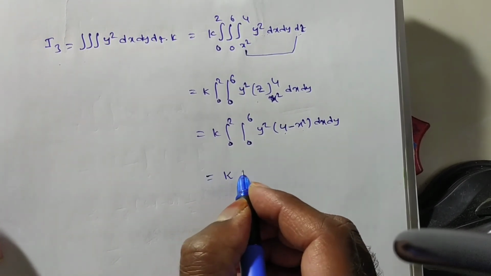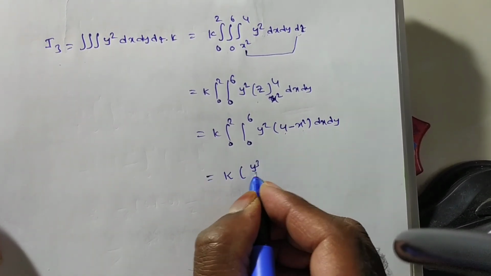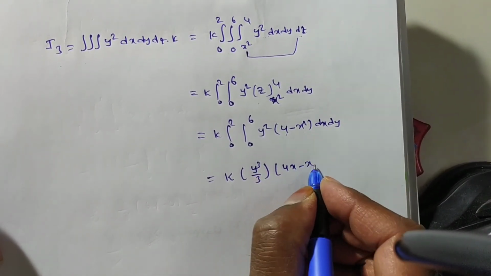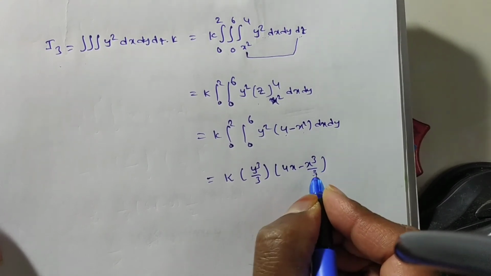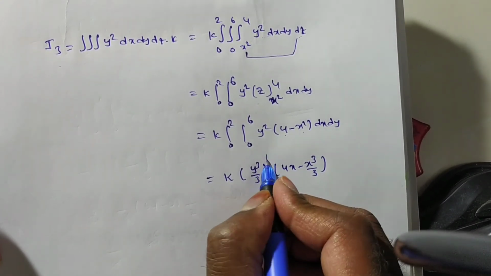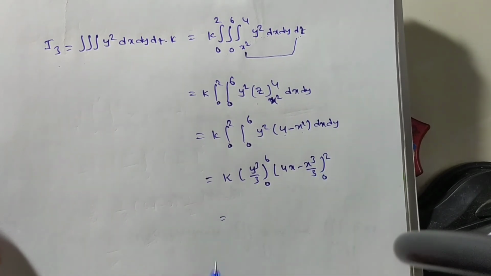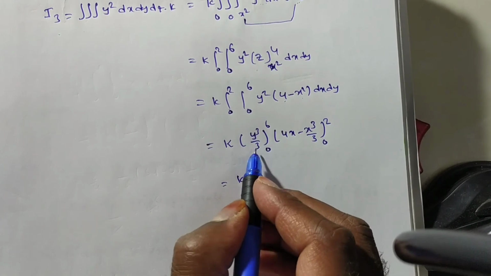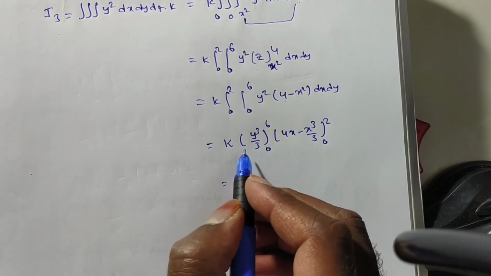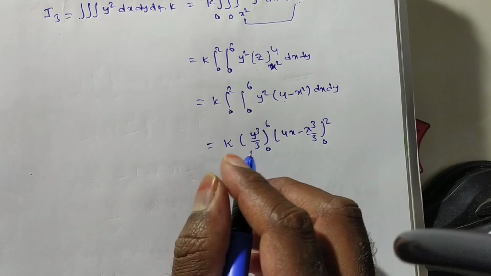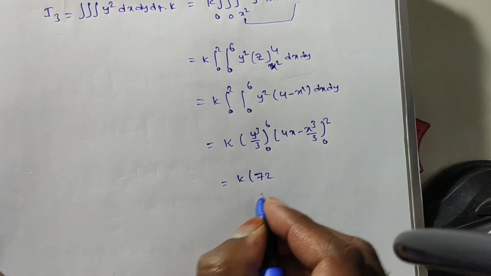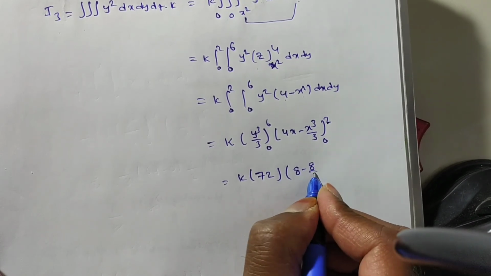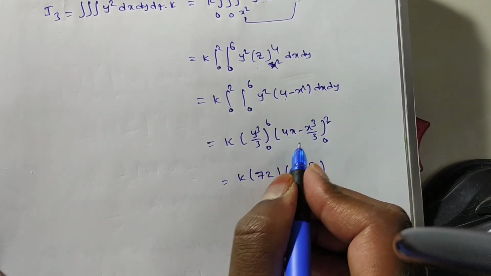So k times, first with respect to y, y cube by 3, and next 4 with respect to x gives 4x minus x cube by 3. The limits of y are 0 to 6 and the limits of x are 0 to 2. Substituting, 6 times 6 times 6 divided by 3, and 3 ones are 3, 3 twos are 6, so 36 into this gives 72. The upper limit gives 8 minus 8 by 3, and the lower limit gives 0.